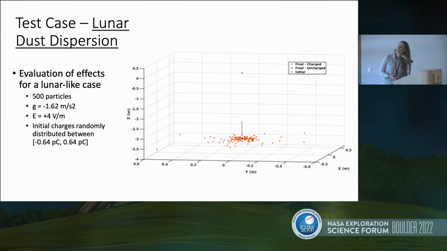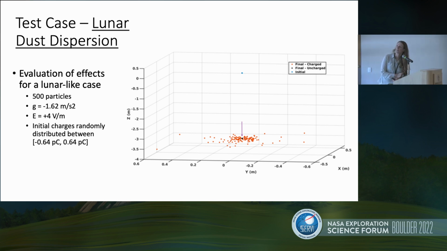So this is a case where we start with particles at some height above the surface, and they have initial charges on them that are randomly distributed about 0. So you have some positively, some negatively charged particles, and they fall due to gravity onto the lunar surface in the presence of an upward pointing electric field.